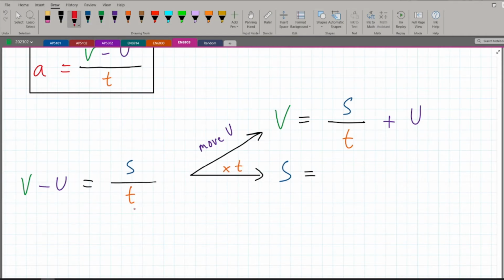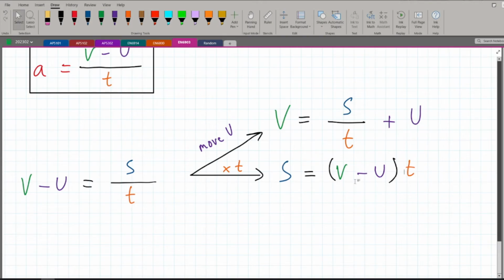When you multiply t on both sides, the t on the right side will cancel, and the left side will remain with v minus u times t. Okay? So this is another form of the equation. You can also rename this v minus u as delta v, because remember, v minus u is delta v. But this is just another form.